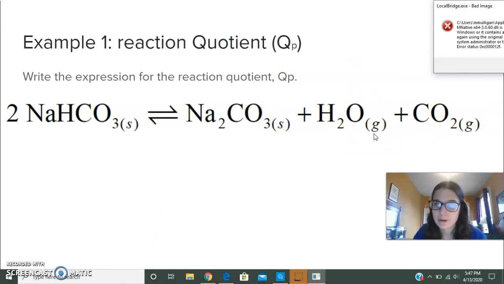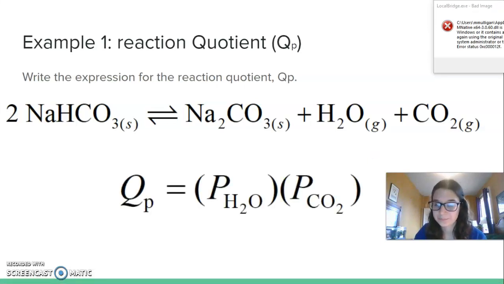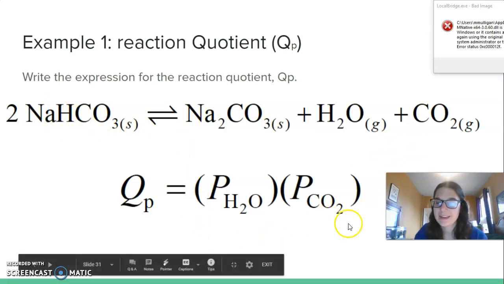So we will take the pressure of H2O gas times the pressure of CO2 gas. And both of these have a coefficient of 1, so we do not put anything in the power of those. And again, we're going to use rounded brackets. Since our reactant is solid, we do not have anything in the denominator there.